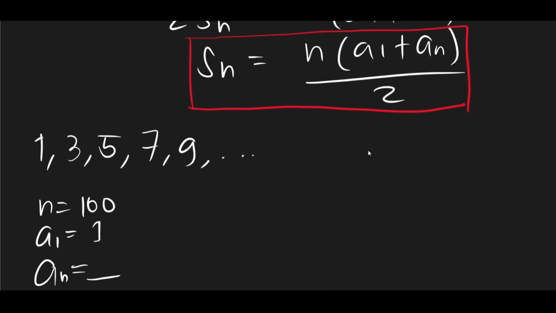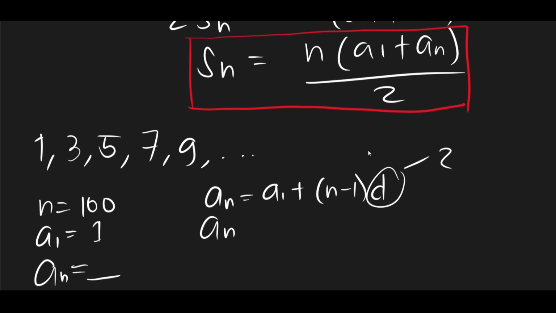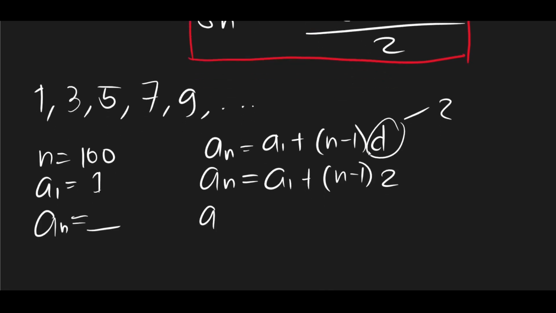So what do we do? We calculate it using the formula that we learned in the previous section of this lesson about arithmetic sequences. What is the general term? We know that an is equal to a1 plus (n minus 1) times d. What is our d for this particular sequence? Our d here is 2. So we can write an equals a1 plus (n minus 1) times 2. Let's now find our a100.